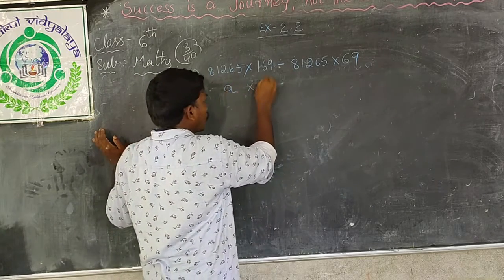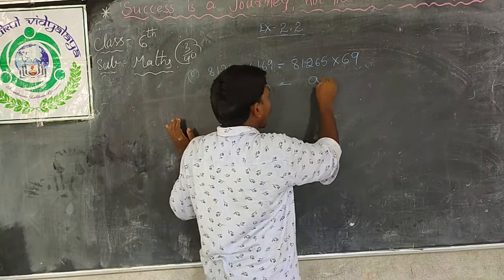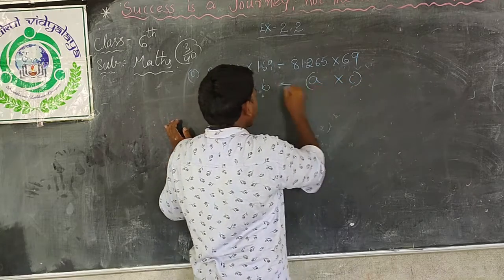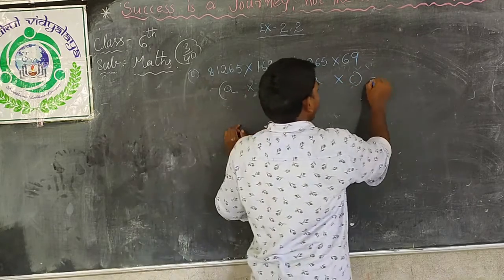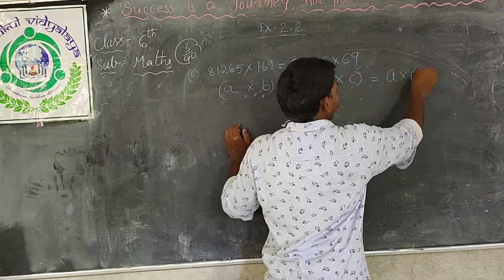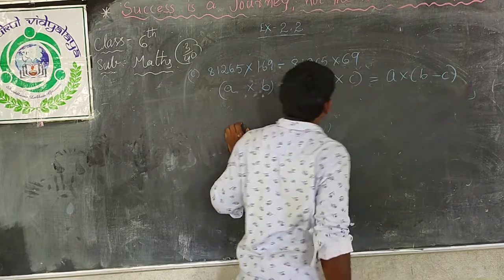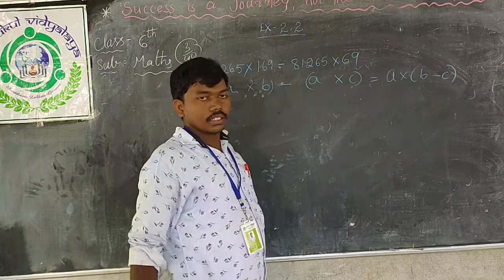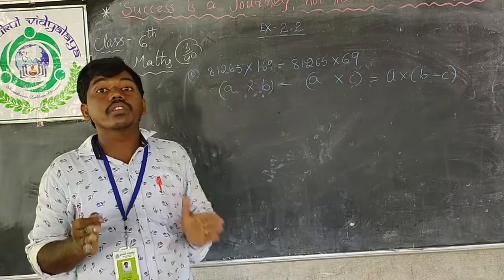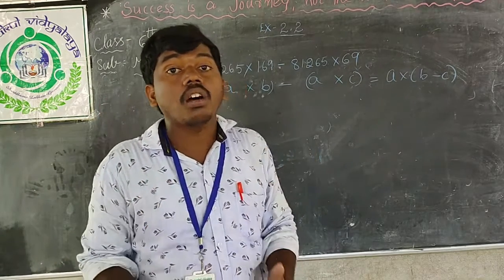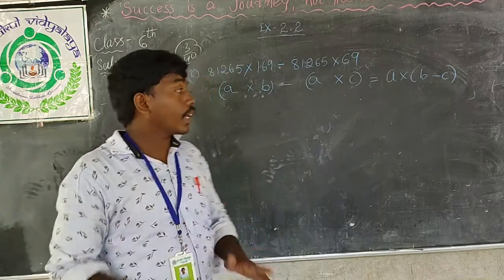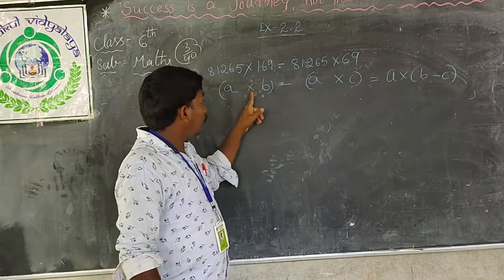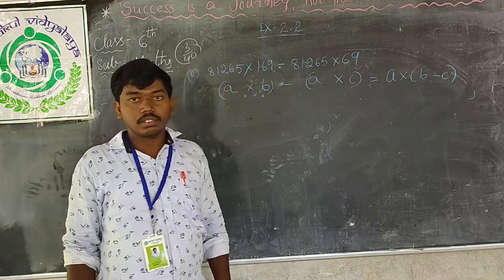A into B minus A into C is equal to A into B minus C. This is distributive law: distributivity of multiplication over subtraction.